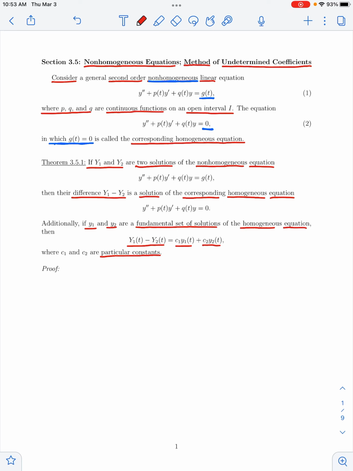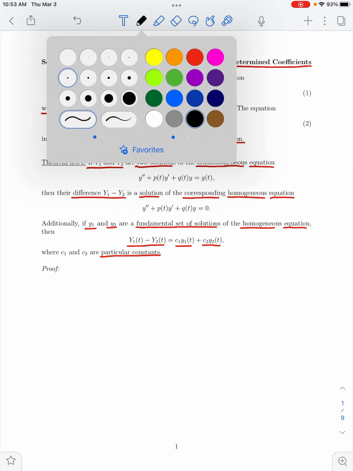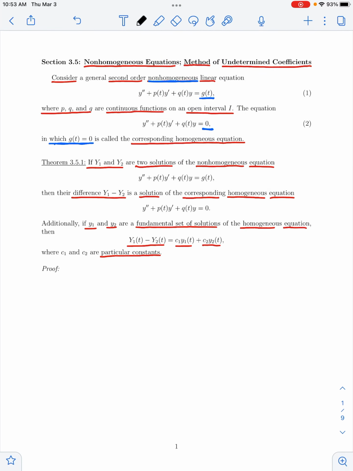So let's look at the proof of this result. We're trying to prove that the difference of two solutions of the non-homogeneous equation solves the homogeneous equation. So let us denote, maybe I'll call it capital Y, the difference of capital Y1 and Y2.